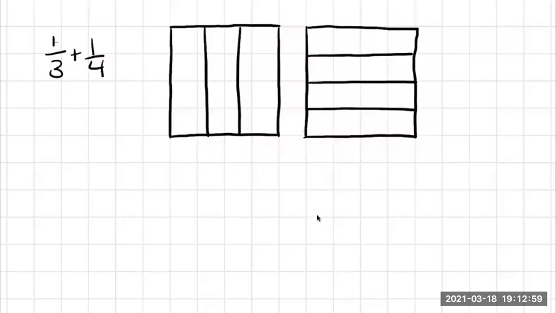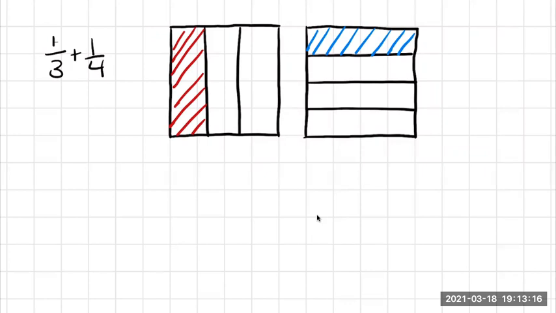So then we're going to shade in one-third. We're going to shade in 1/4. And then we're going to combine our area models.